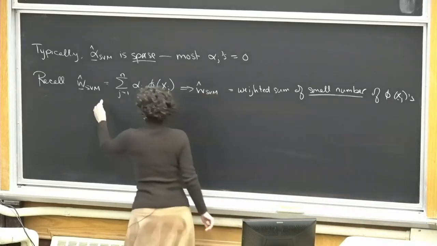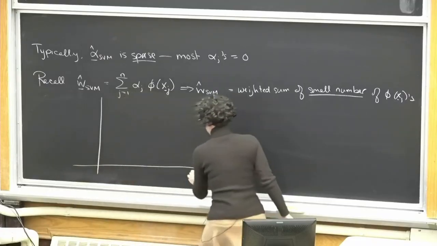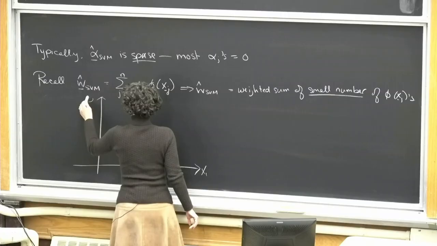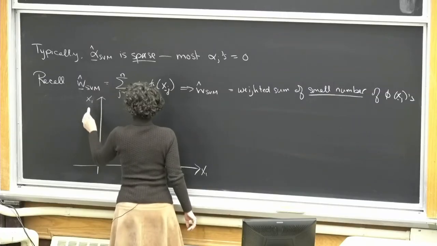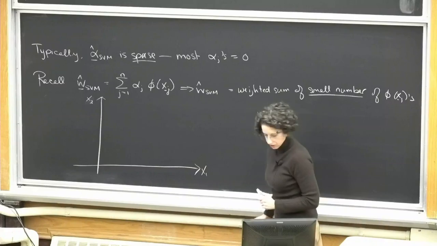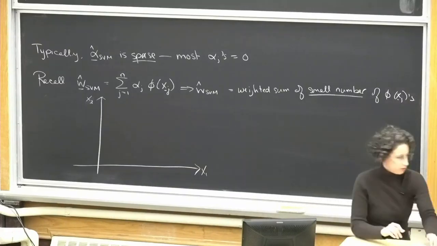So let's make a picture where we're doing classification in 2 dimensions. I've got feature 1 and feature 2, and let me put in some samples.